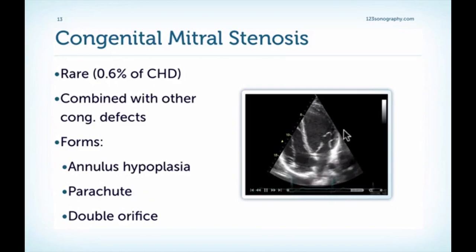Here's an example of a parachute mitral valve, which is characterized by a unifocal insertion of the mitral valve leaflets. If you take a look at the mitral valve, you see that there's a funnel-like stenosis, which is only mild in this case. Patients do not have to have mitral stenosis in parachute mitral valve. We also see that there's a strange motion of the valve and that it resembles that of a parachute.